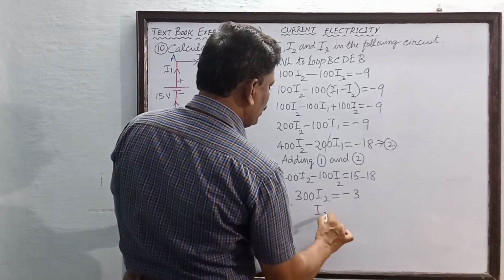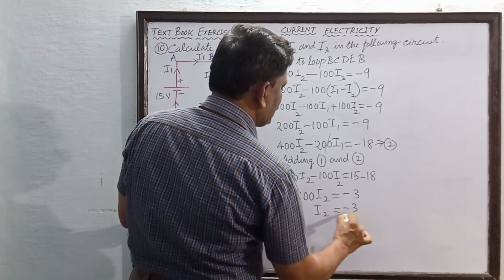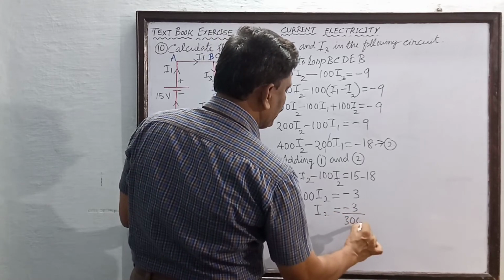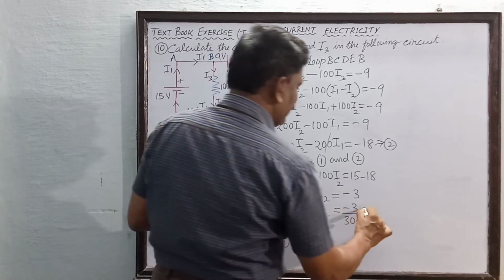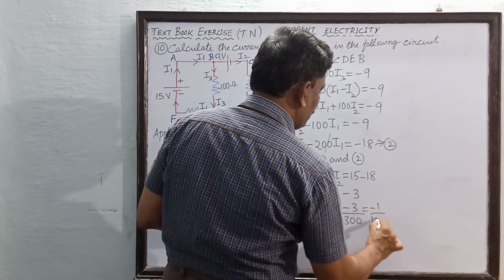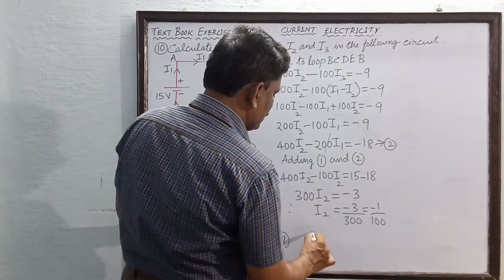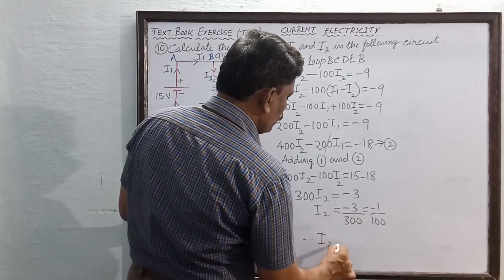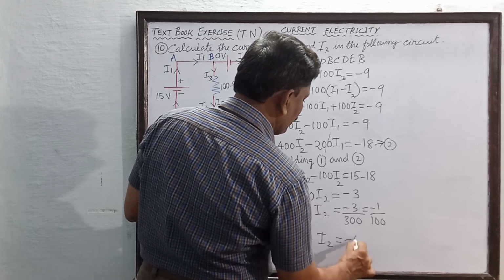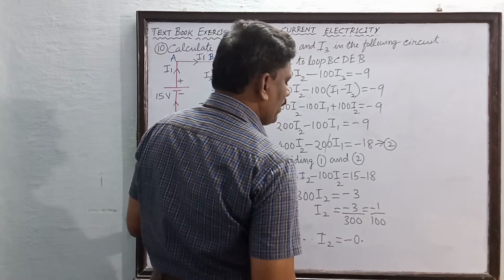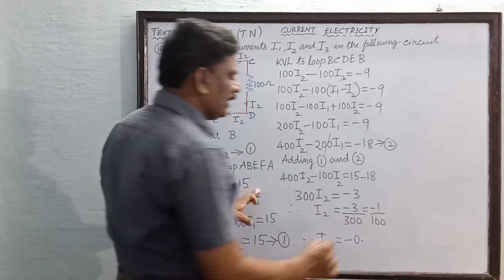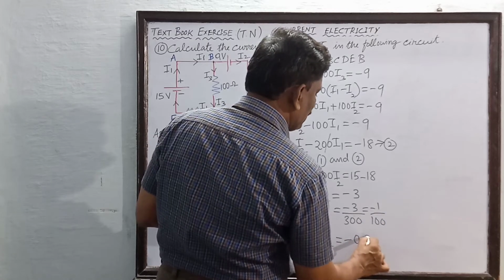Therefore, I2 is equal to minus 3 divided by 300. So this is equal to minus 1 by 100. So minus 1 by 100, therefore I2 is equal to minus 0. So 1 divided by 100 means 2 decimals will come, is it not? Okay.